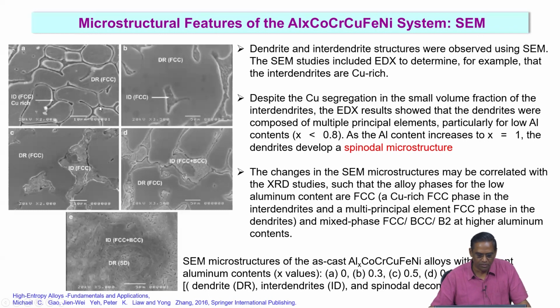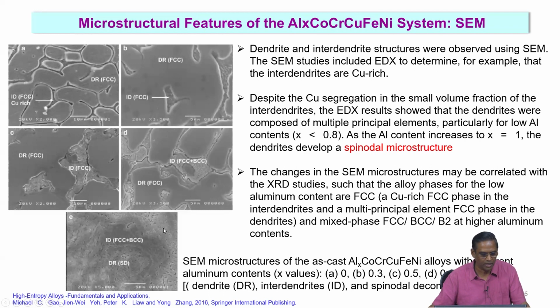What we are seeing can be related to the XRD results we have seen previously, such that the alloy phases at low aluminum contents are FCC, which is a copper-rich FCC phase in the interdendrites and a multi-principal element FCC phase in the dendrites, and a mixed phase of FCC, BCC and B2 at high aluminum contents.